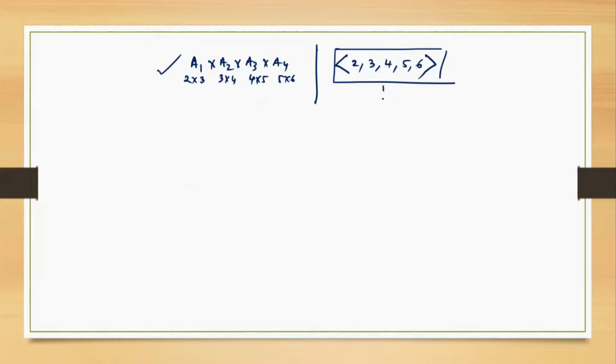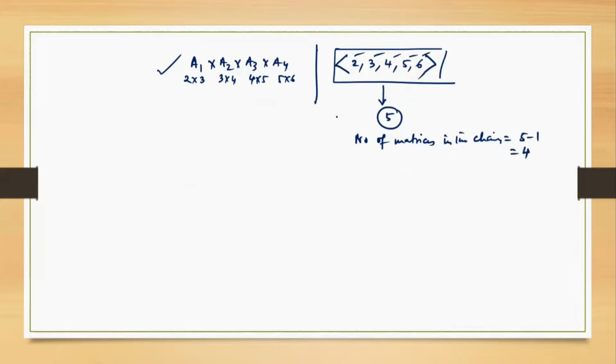So first of all, count the total number of dimensions given: 1, 2, 3, 4, and 5. So altogether 5 dimensions are given. If the total number of dimensions given is 5, the number of matrices in the chain would be the total number of dimensions minus 1, which is 4.